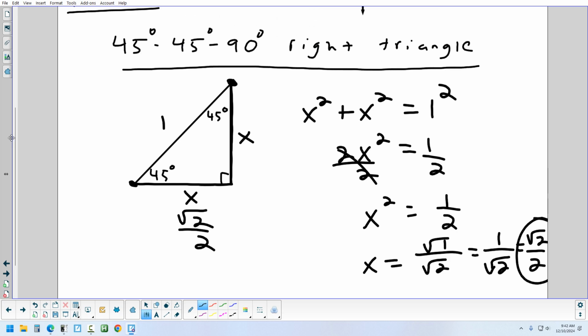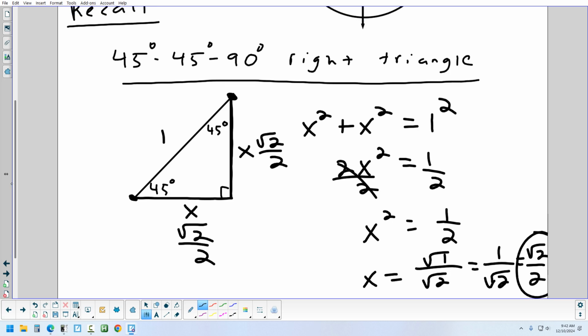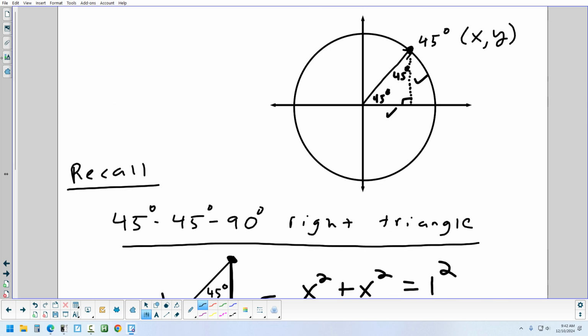What's the height of the triangle? It's also square root of 2 over 2. So now we know the base. We know the height. So what's the coordinate to get to 45 degrees?